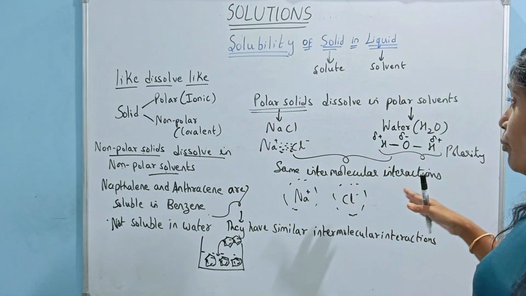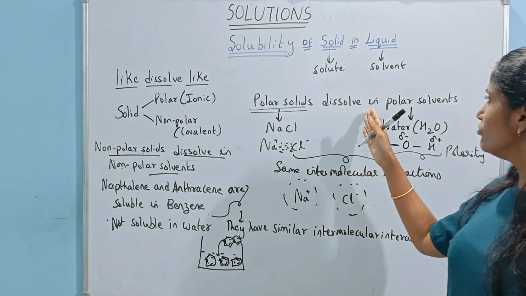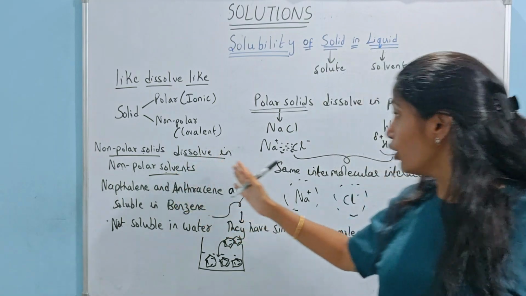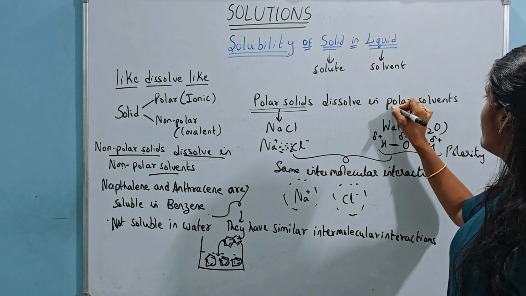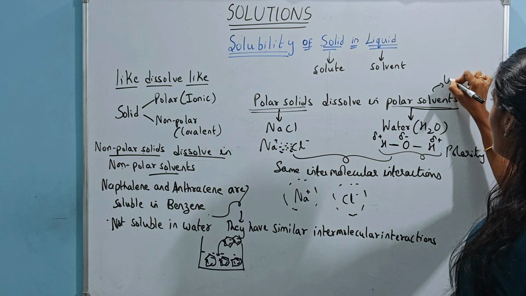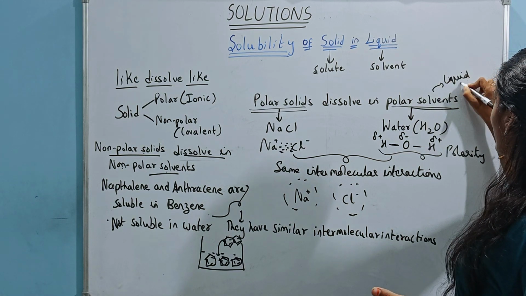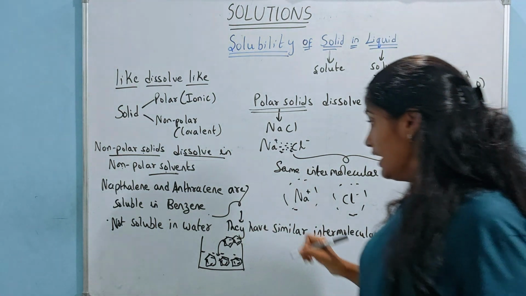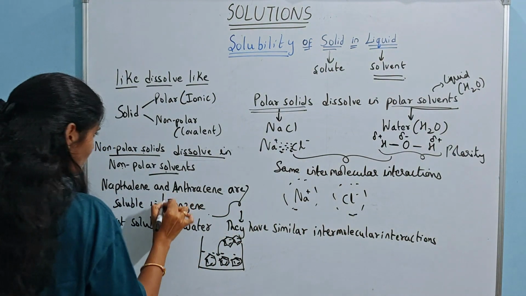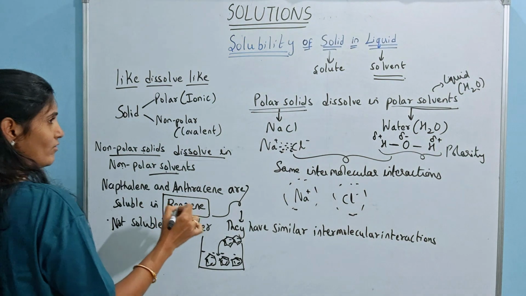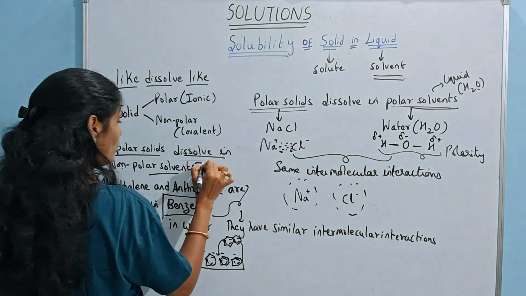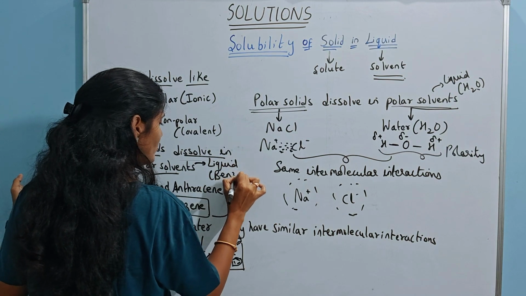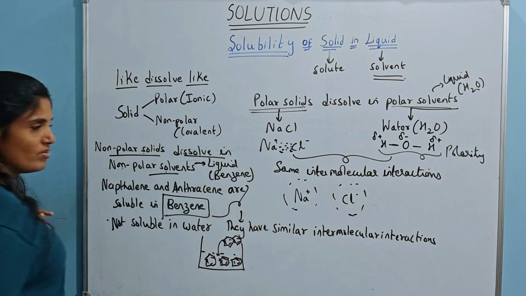Okay, it depends on polarity. Polar solids will get soluble in polar solvents. Non-polar solids will get soluble in non-polar solvents. Here for polar solvents, which liquid example have I taken? H2O, because we are talking about the solvent being a liquid. For the non-polar solvent, the main example we have mentioned is benzene, which is a liquid.